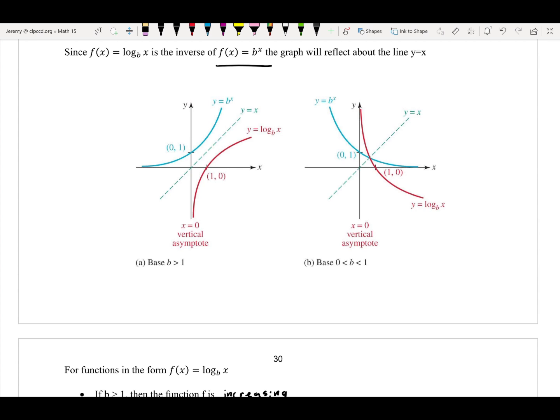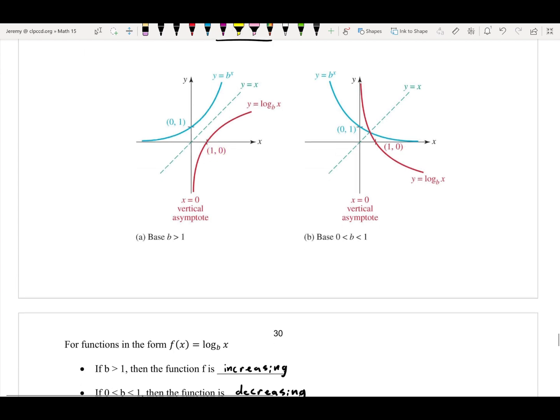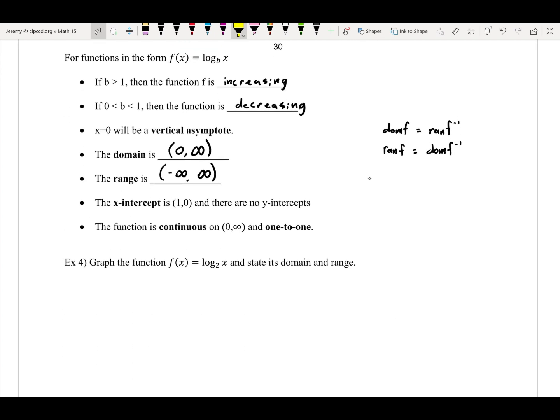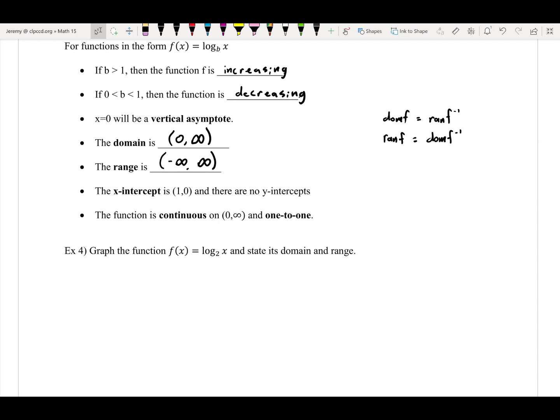For logarithmic functions, if it's in the form y equals log base b of x, we are guaranteed this x-intercept at the ordered pair 1, 0. Okay, so that is what this is all about. And there are no y-intercepts because the y-axis is a vertical asymptote. Logarithmic functions are also continuous on their domain and one-to-one.